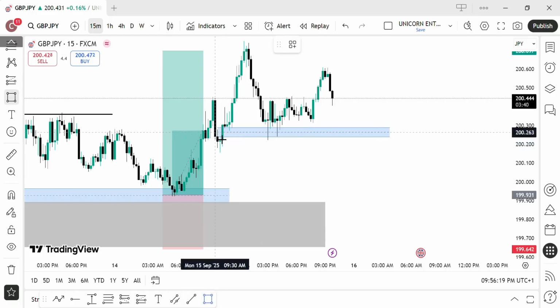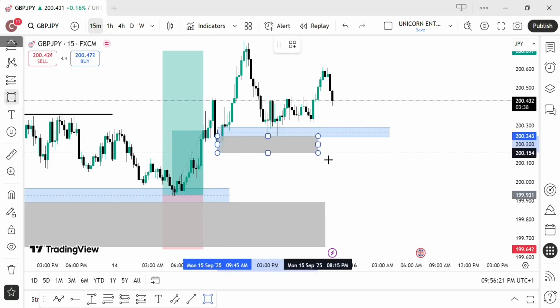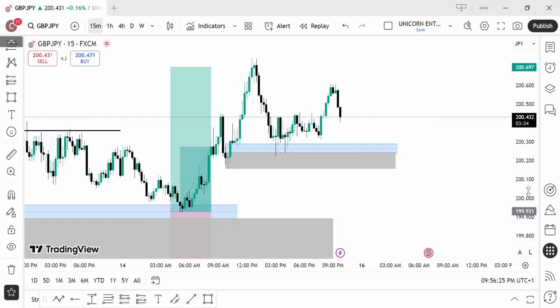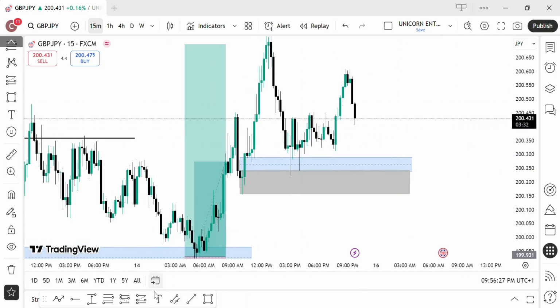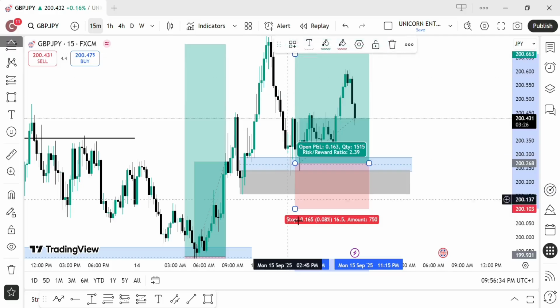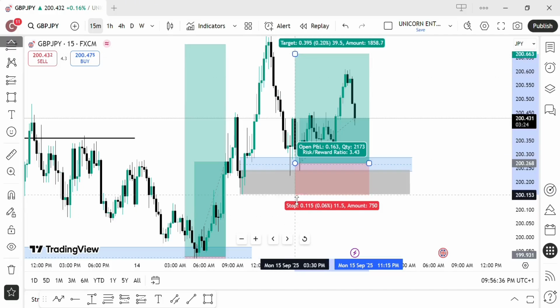There's also another block here, and this one down is another block. So it's also safe to take your trade from here. You buy from here, and your stop loss is here, right?